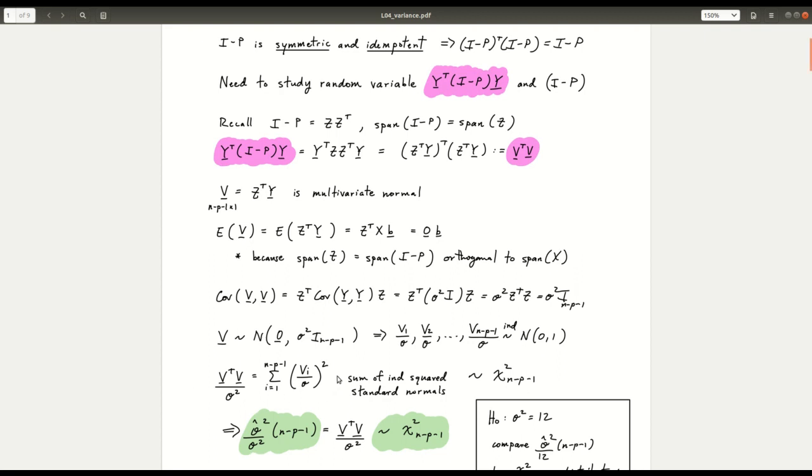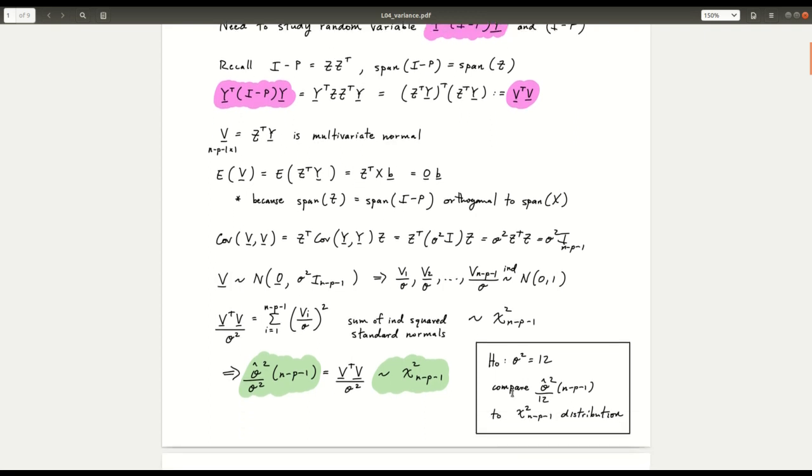So if we look at this quantity, the sum of Vi over sigma squared, i equals 1 to n minus p minus 1, it has to have a chi-squared distribution with n minus p minus 1 degrees of freedom. Okay, so this is where this n minus p minus 1 comes from.